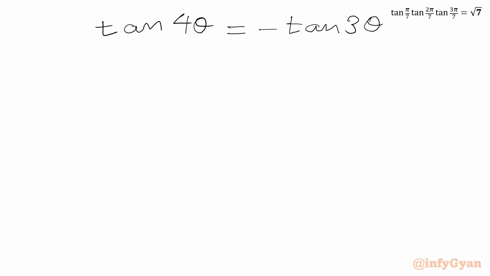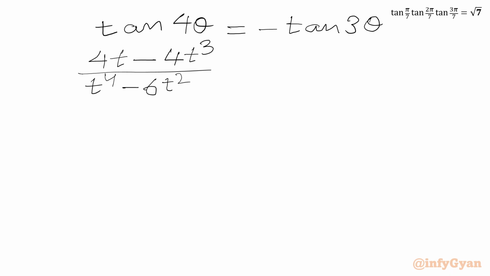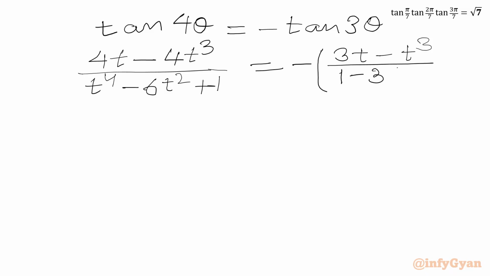So tan 4 theta was 4t minus 4t cube over t power 4 minus 6t square plus 1. This we calculated as per equation number 3. Now minus tan 3 theta, as per equation number 2, we will write here 3t minus t cube over 1 minus 3t square.